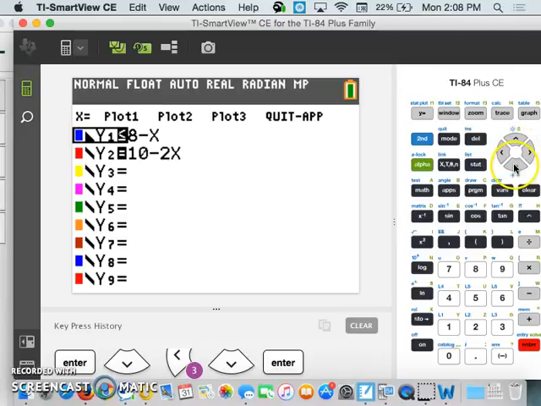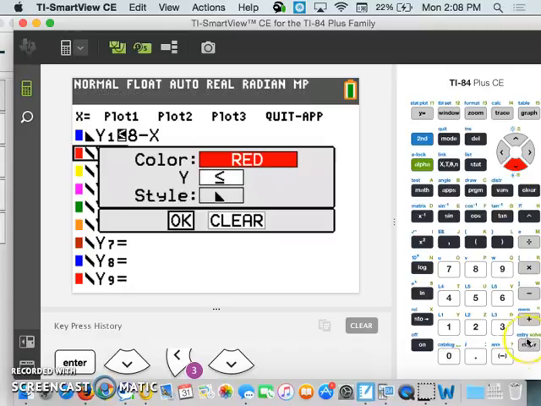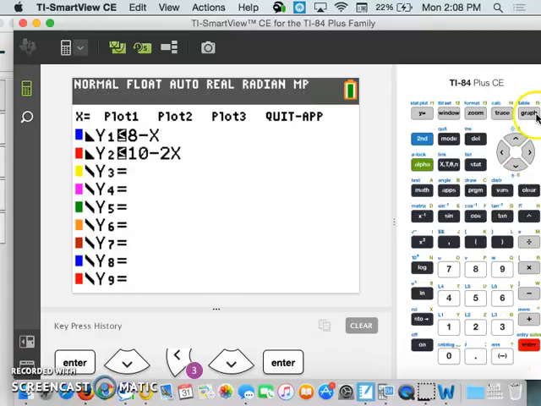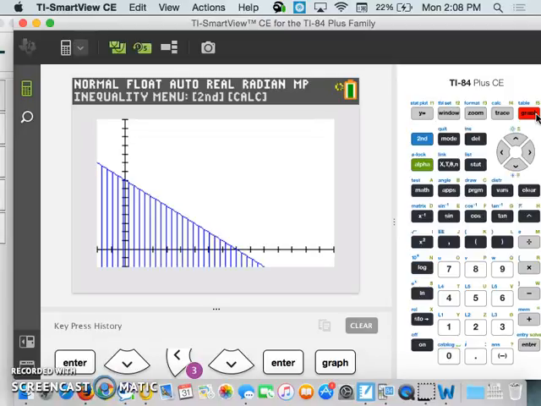I can do the same thing with the other one. Hit enter, scroll down, hit enter. Then if I graph, I'm looking at the inequalities being graphed here. It's a little bit messy, but we can see this is the feasible region right in here.